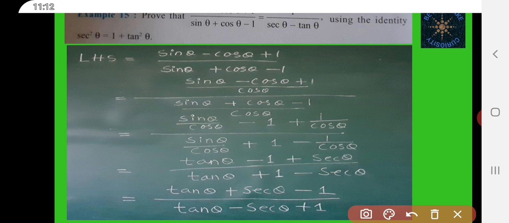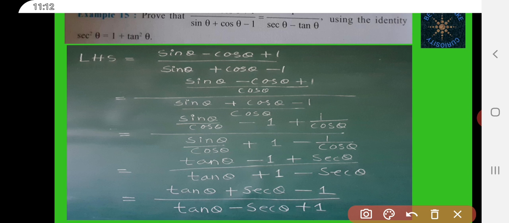Now you rearrange the terms in the numerator and denominator. Okay. First you write tan theta, then plus sec theta. Just arrange the terms. Minus 1.